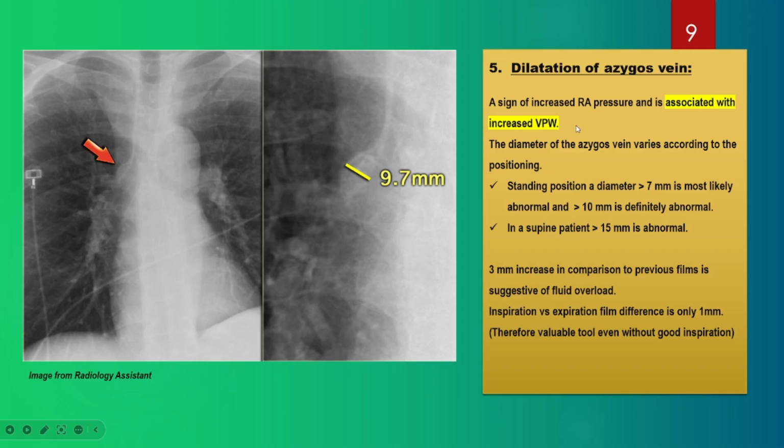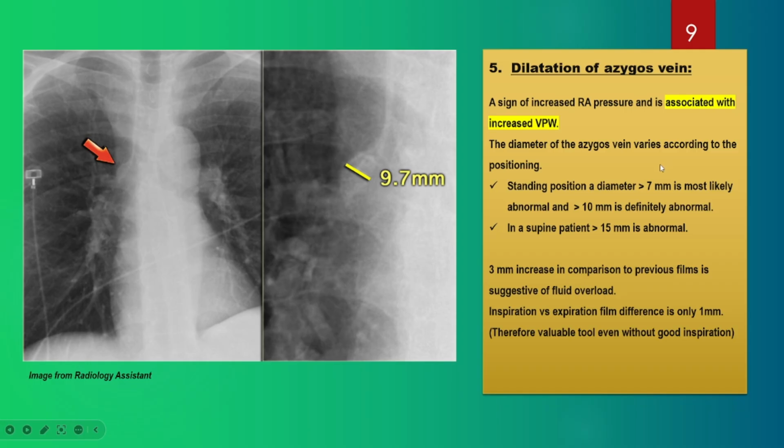Then the increased vascular pedicle width is also associated with dilatation of the azygous vein. The dilatation of the azygous vein is a sign of increased right atrial pressure. So this is the right paratracheal stripe and this is the azygous vein. The diameter changes with the position.